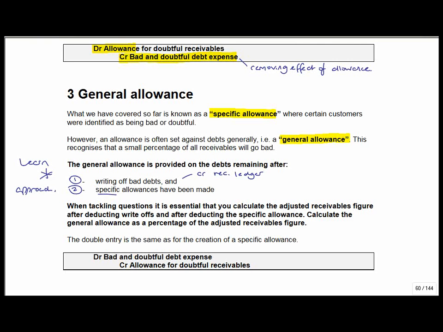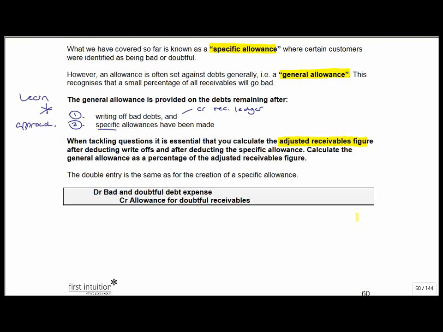So we deduct the value of the specific allowance and then calculate the general allowance on that percentage of the remaining or adjusted receivables figure. Having calculated the figure, the double entry is exactly the same as for the specific allowance. We debit the bad and doubtful debt expense and credit the allowance account in the statement of financial position.